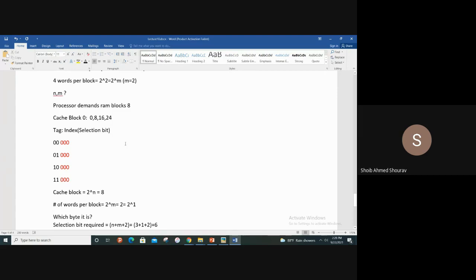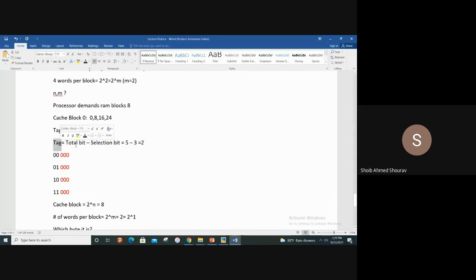So can we say tag is equal to total bits minus the selection bits? For example, in this example, total bits was 5 and selection bits was 3. So it was 2, the tag bits. Can we say tag bits is total bits minus selection bits?